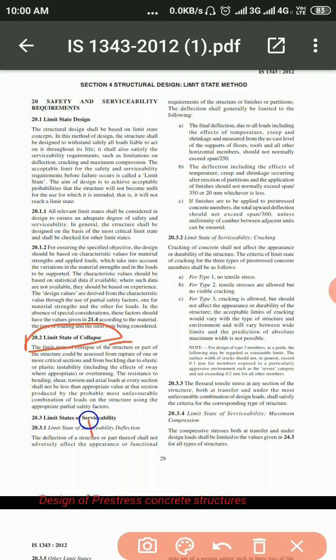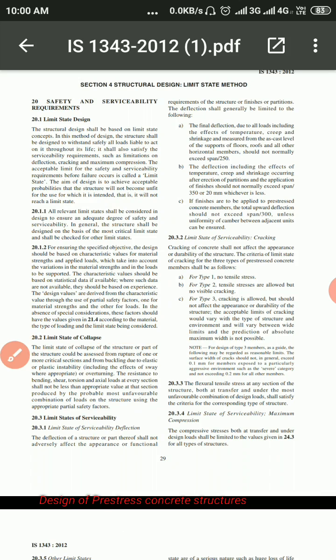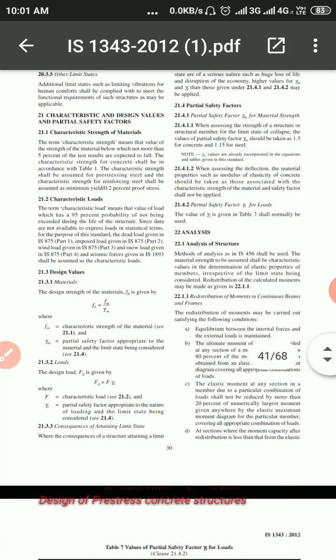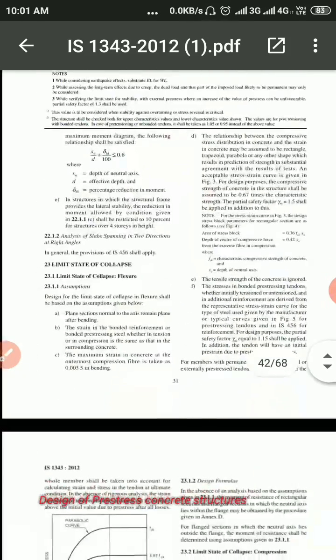Flexural strength means we calculate the ultimate moment resisting capacity of that particular beam or slab, and then we'll see the limit state of collapse, that is shear. These clauses are provided in the IS code itself. So we'll see first the flexural strength of prestressed concrete.